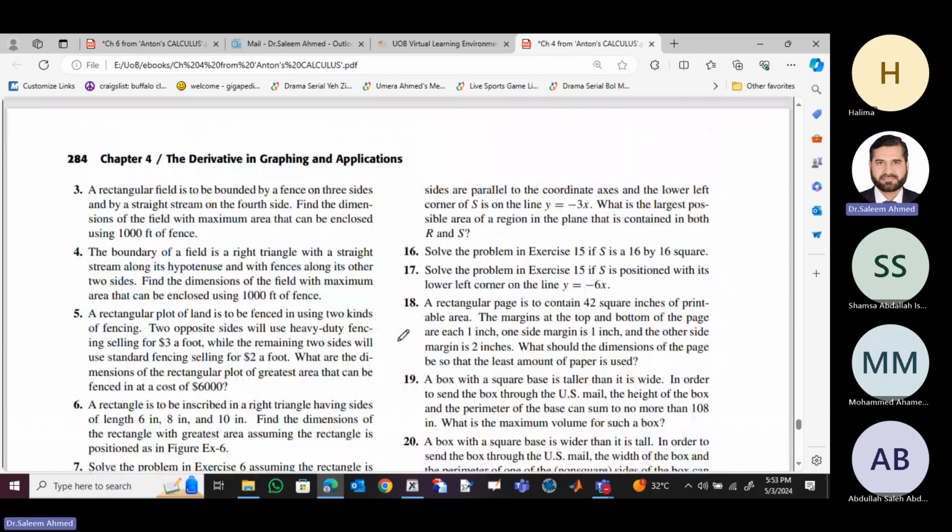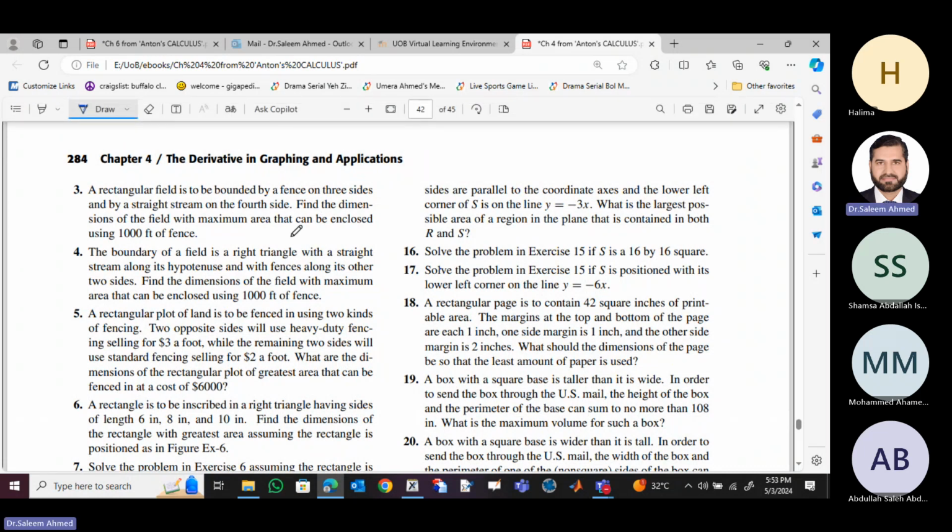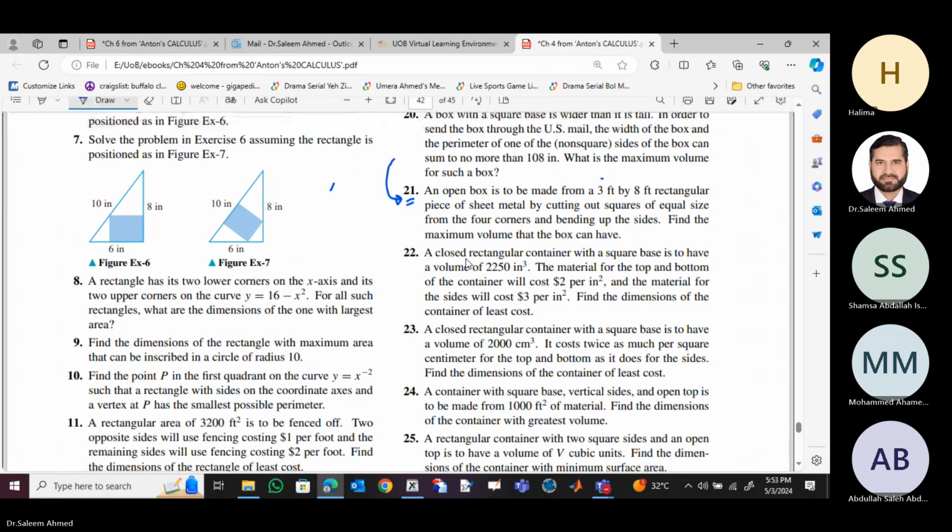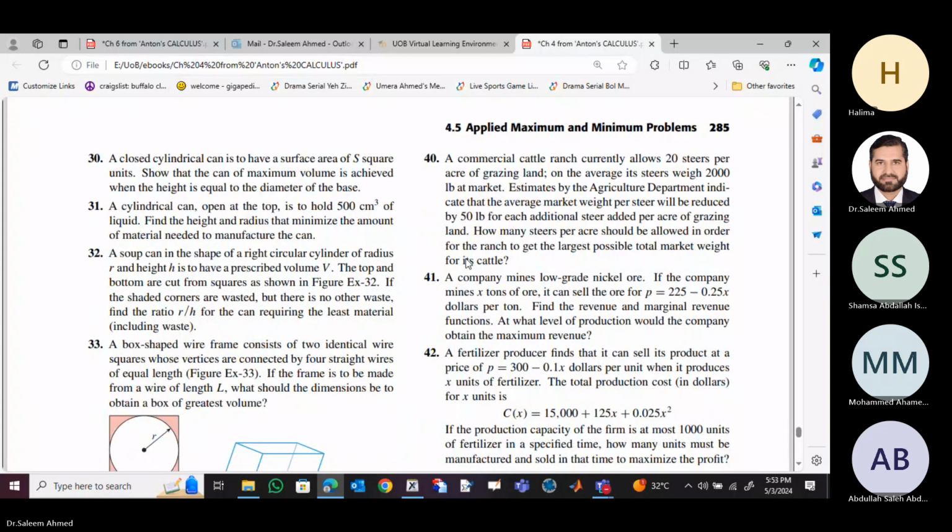These are garden problems. First example, a garden is to be laid out. See, a rectangular garden is to be bounded by a fence on 3 sides and by a straight stream on the fourth side. Similarly, there are some cylindrical problems as well. Cylindrical problem 31, I did this problem in that video as well. A cylindrical can open at the top is to hold 500 cubic centimeters of liquid.